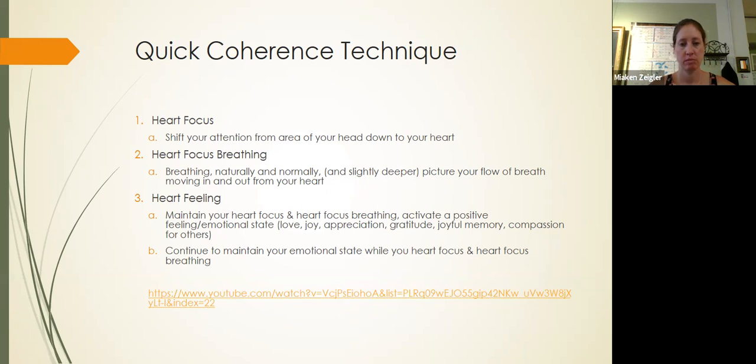Or maybe you can feel some of the love or care you have for someone or something in your life. Or maybe a feeling of compassion for others. Those types of positive emotions. And without straining, do your heart-focused breathing and just feel a heart-related emotion like that and breathe it in and out through the area in the center of your chest.